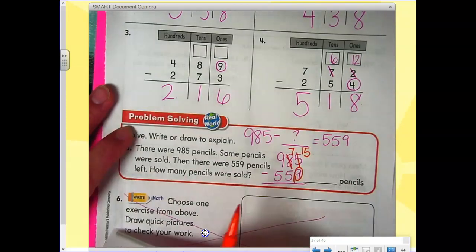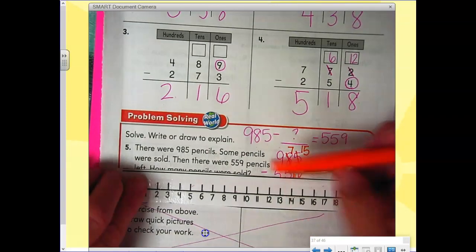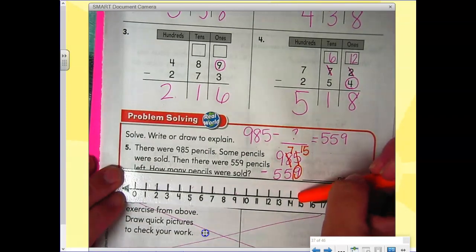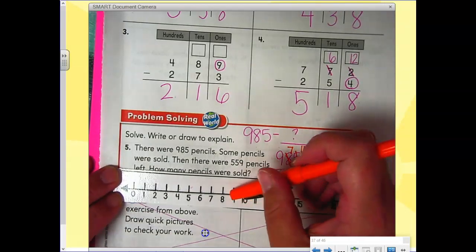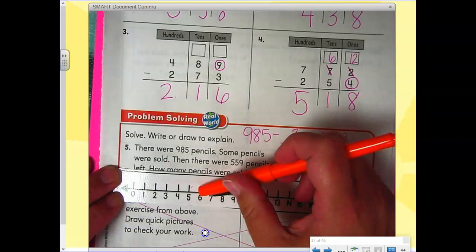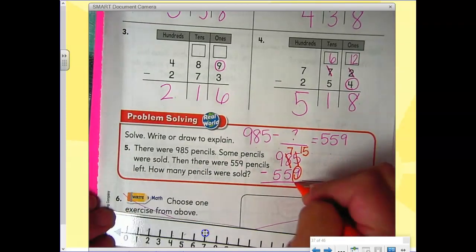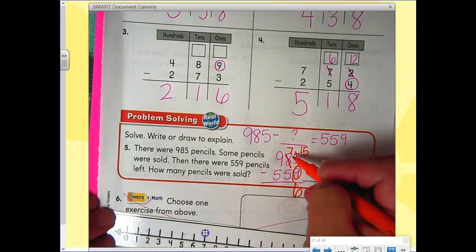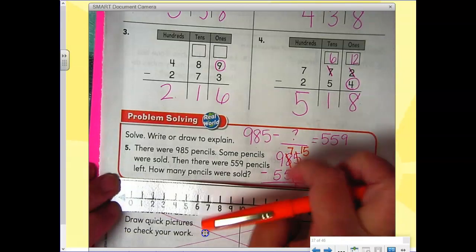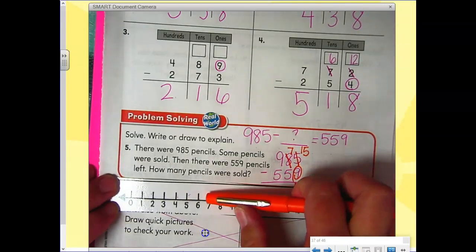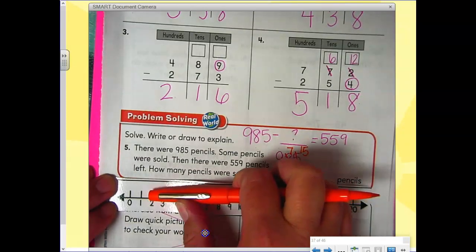Then we subtract 15 minus 9. Start at 15, hop back 9. 1, 2, 3, 4, 5, 6, 7, 8, 9. Our answer is 6. Now we have 7 minus 5. Count back 5. 1, 2, 3, 4, 5.